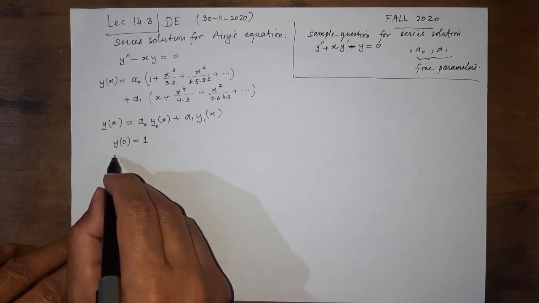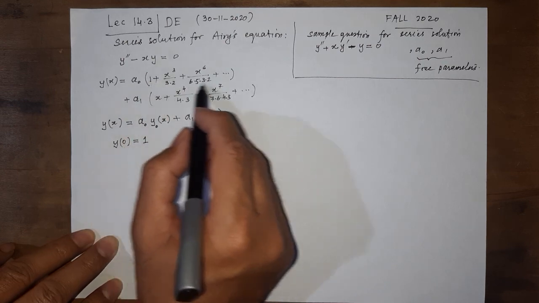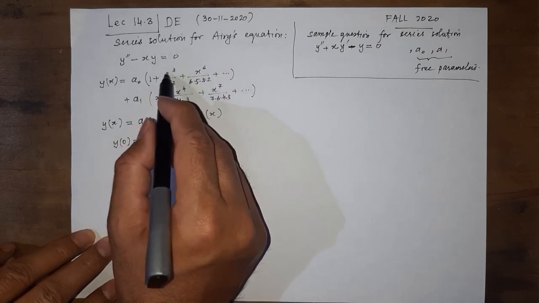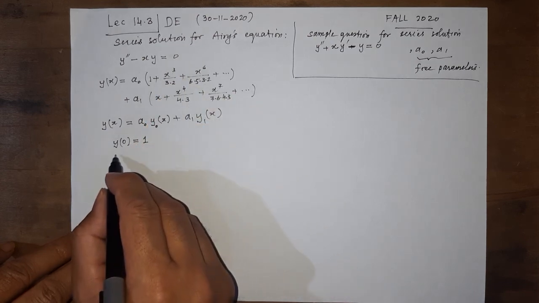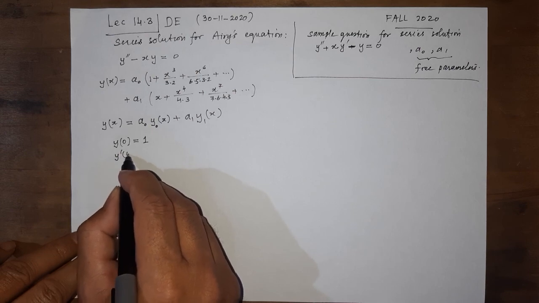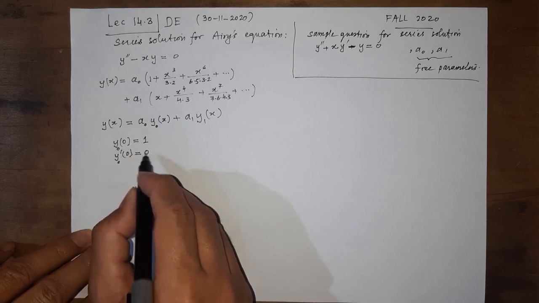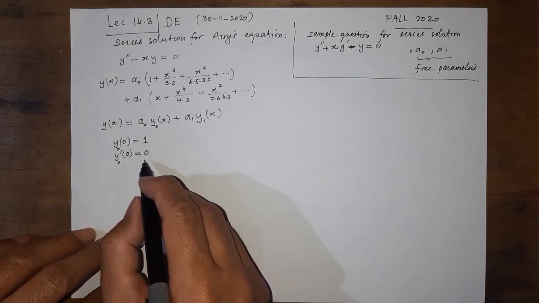And if we take the derivative of this y naught of x, then this will be 0, and the first term would have x square in it. When we put x equal to 0, we are going to get the derivative at 0 equal to 0.